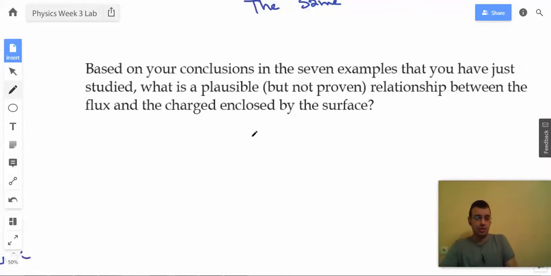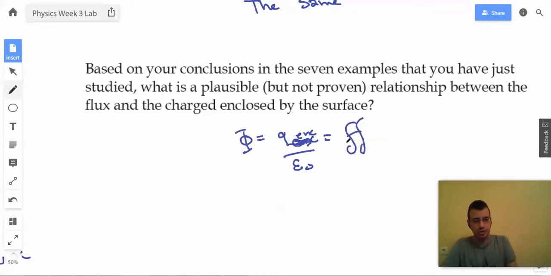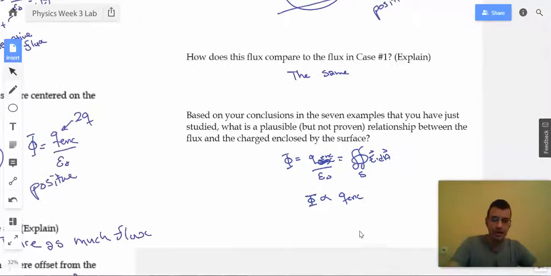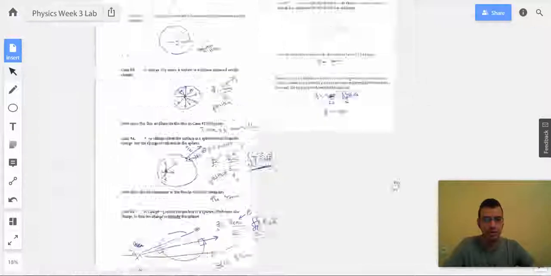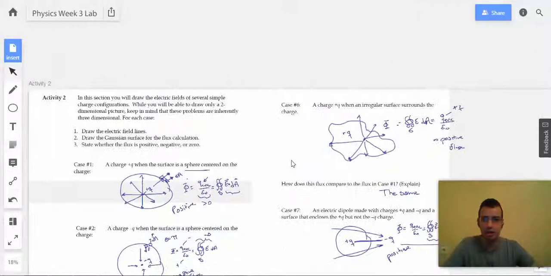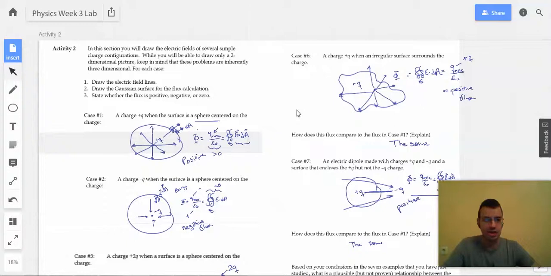But I'm going to say a relationship might be that flux equals Q enclosed over epsilon naught, which equals the integral of E dot dA. What they really are probably looking for is that flux is proportional to Q enclosed. All right? I think that's all for this first part. Yes, that's all for this first part, and we won. Huzzah! On to activity 3.